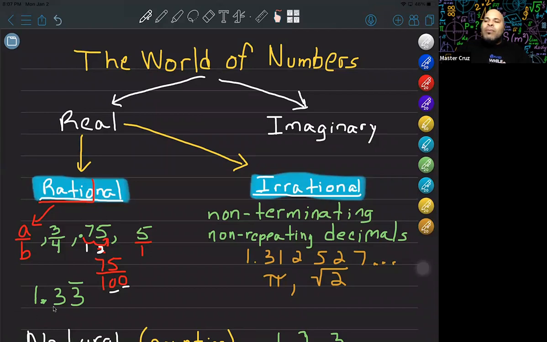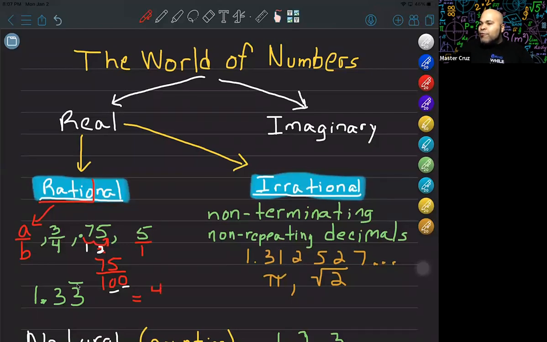So why do I have 1.33 on this side of the rational numbers? If you go to your calculator, is there any fraction that you could type that will give you 1.33, and it will keep repeating, because this line on the top means that it keeps repeating forever? And the answer is yes. You could try it right now if you like.